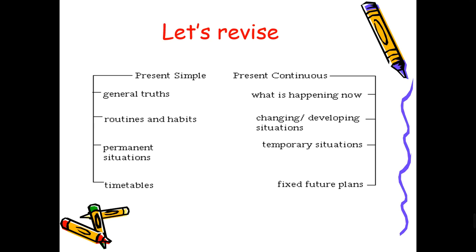Present continuous expresses changing or developing situations. Present simple expresses permanent situations, things that are the same or true all the time, while present continuous expresses temporary actions. The present simple is also used to express timetables like timings of flights and so on, and the present continuous is used to express future plans or fixed arrangements like we're going out for dinner tonight.